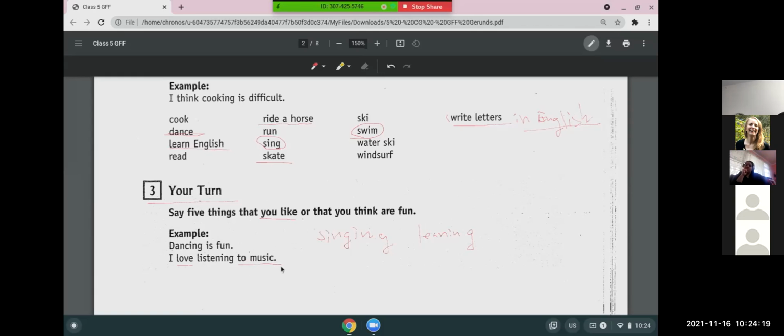Listening to music, learning to. Yeah, this becomes like a part of it. You can now say I love playing music, like what you do. I love playing music. Yes. Is that correct? Yes, because with listen, that's the group, but if you say play, that's just play.